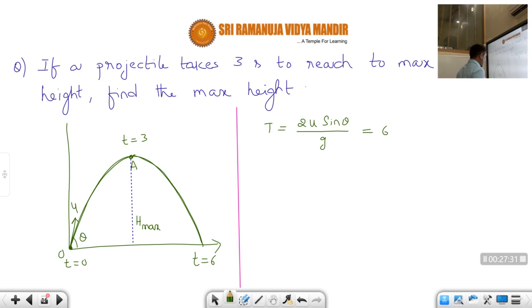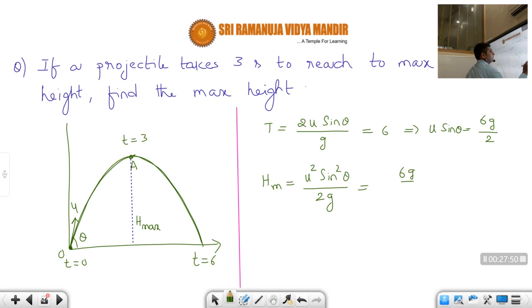So total time of flight is 6 seconds, which means from here we can write u sine theta is equal to 6g by 2. Keep it like this. Now we want H max. What is the formula? u square sine square theta by 2g. So u sine theta is anyway 6g by 2, or 3g.